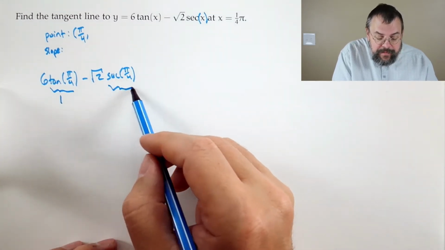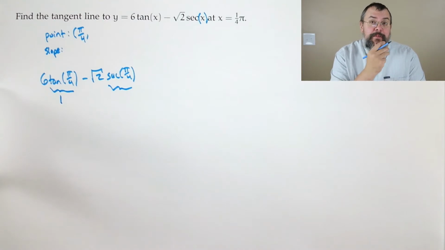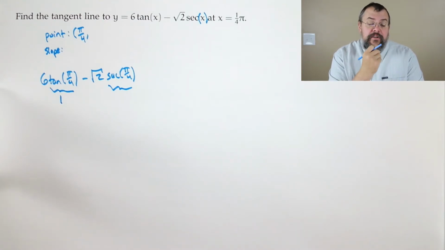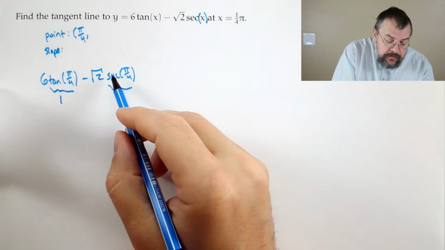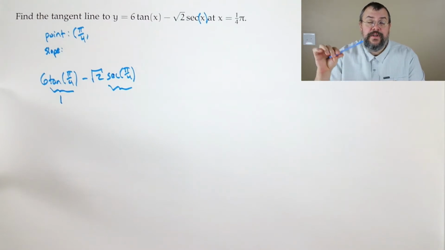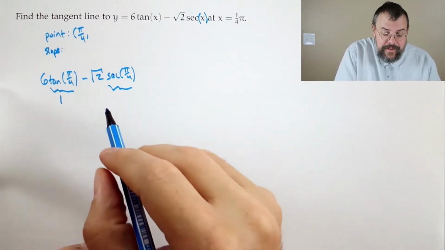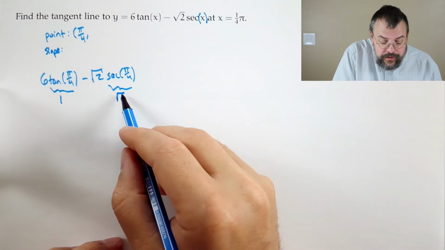How about secant of pi over 4? You might not know this off the top of your head, but we can reason it out. Secant is 1 over cosine. Cosine of pi over 4 is often written as root 2 over 2, or 1 over root 2. So if you flip it, secant of pi over 4 is root 2.